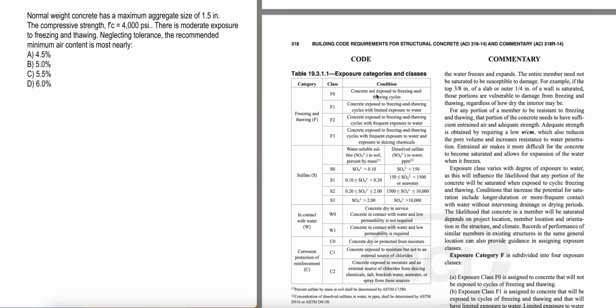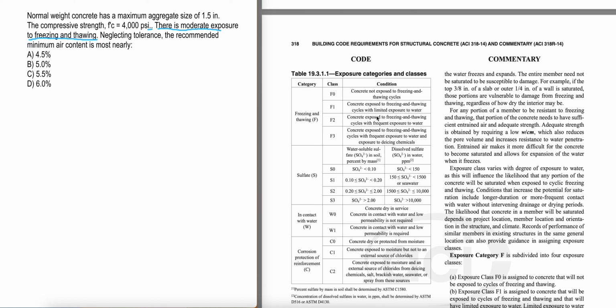The first one is concrete not exposed to freezing and thawing cycles. Well, here we know that there is moderate exposure to freezing and thawing, right? So that's a key component of this question. And so here we look at class F1, concrete exposed to freezing and thawing cycles with limited exposure to water.